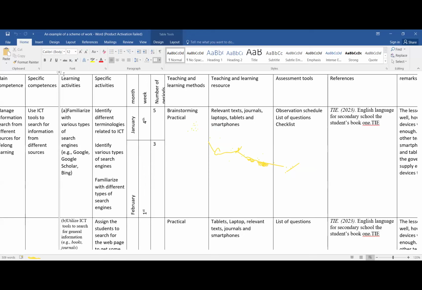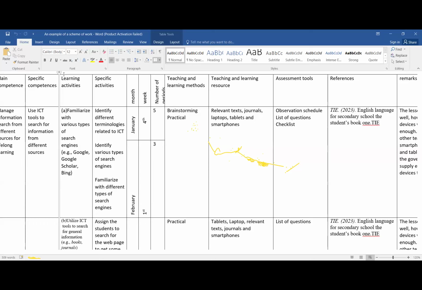So from there, you can get the remarks on whether the lesson is well understood or not well understood. And don't end by saying only that the lesson is not well understood; you have to comment. You have to give the challenge, and you have to give the solution.